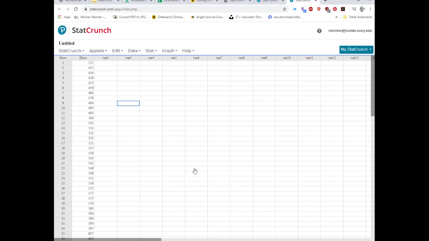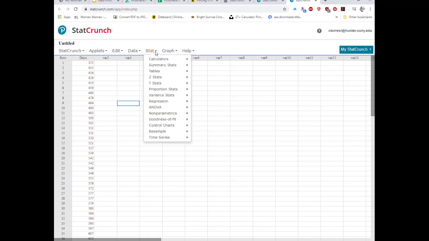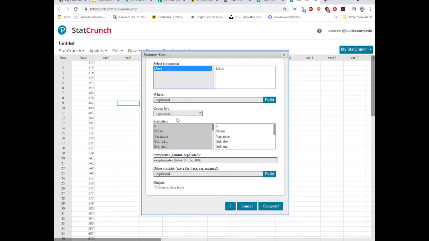So you have all the information. Let's start running the normality checks through StatCrunch. Let's look at the numerical stuff first. I'm going to go to Summary Stats, Columns, and click on Days.